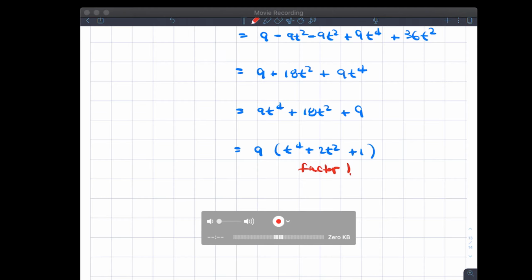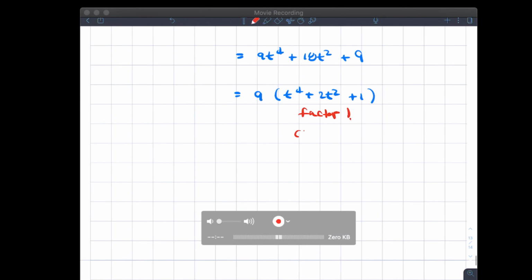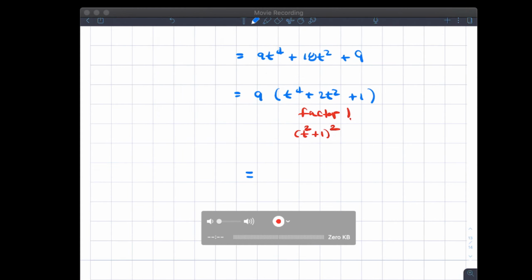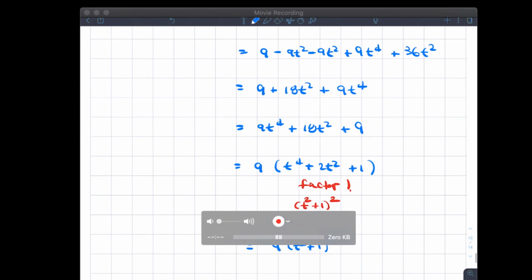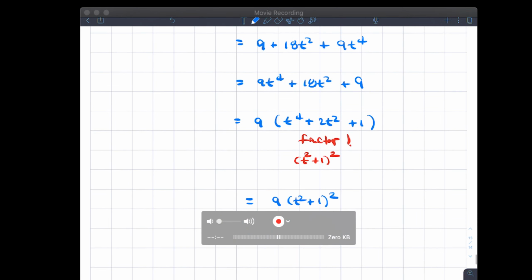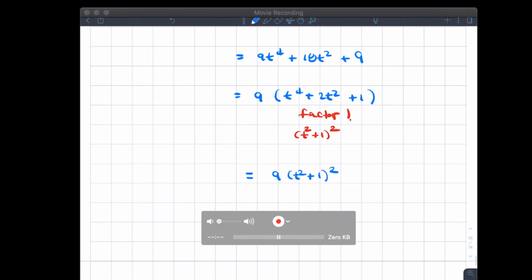So this is a nice perfect square trinomial, meaning this is really t squared plus 1 squared when you factor. These are designed to be doable. So I get t squared plus 1 squared, and then you say, but wasn't that supposed to be all under a square root? Because this is the ds portion? The answer is yes. So I'll put this under a square root.